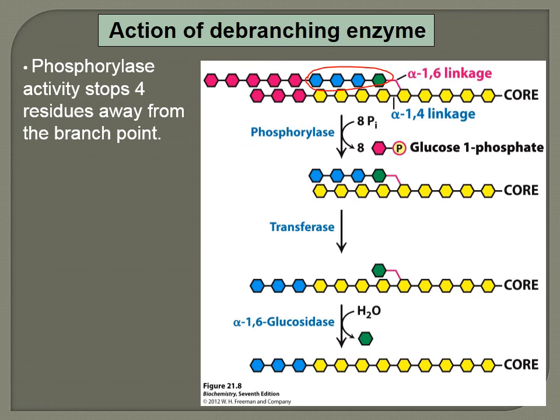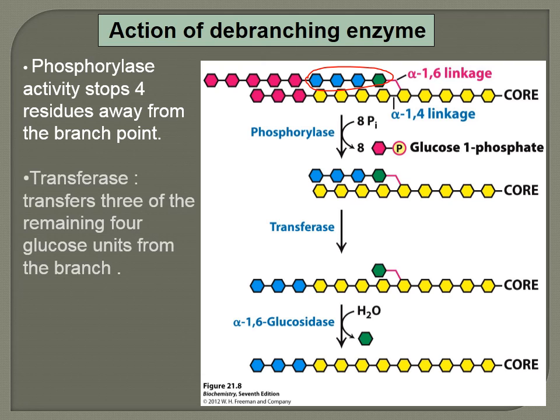So here comes another protein with two enzymatic activities. One is transferase activity and the other one is debranching activity. The transferase activity of the enzyme transfers 3 out of the 4 glucose residues from the branch point to the linear chain, or the main chain, leaving only 1 glucose attached to the branch point.